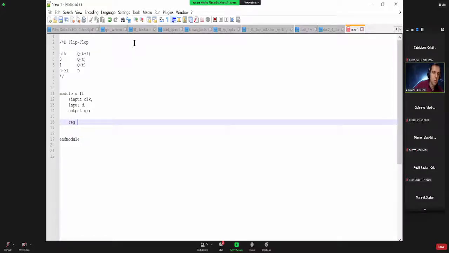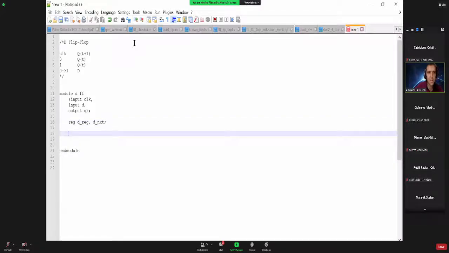So, okay, this is a trivial example. For each register within the design composed of D flip-flops, you have two signals. This is the output of the register, and this is the input of the register.